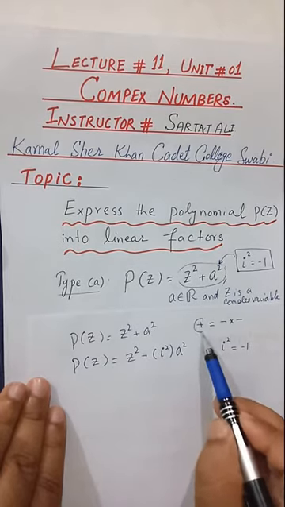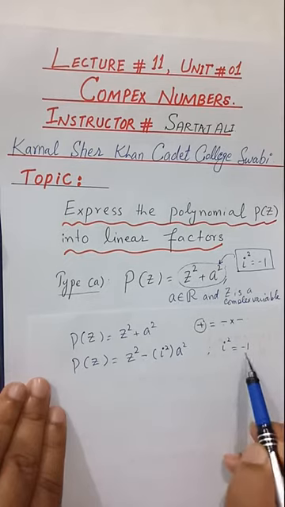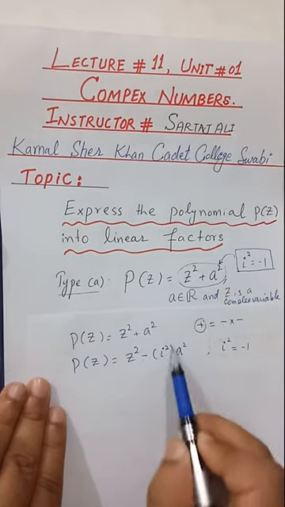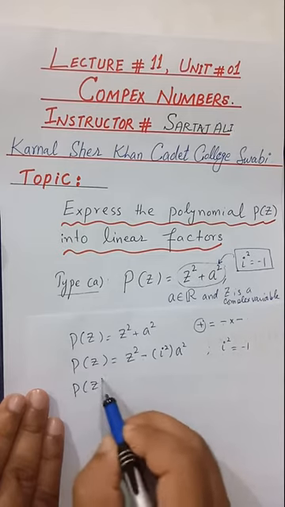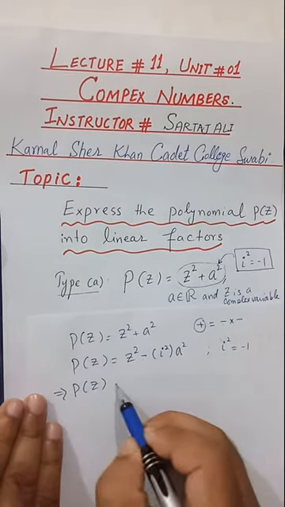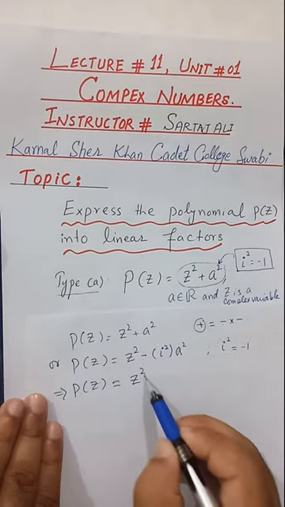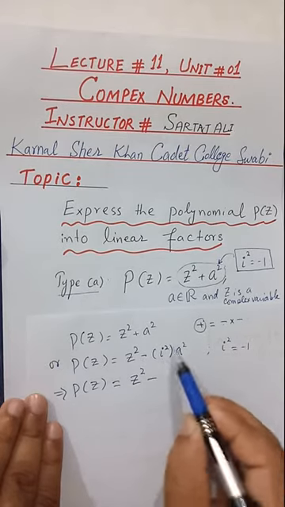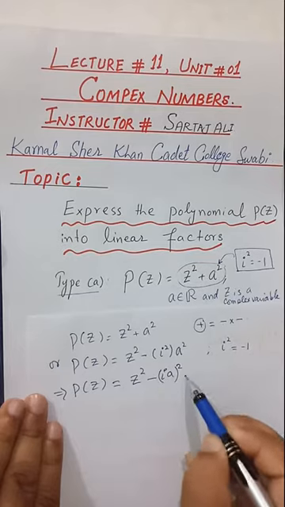Instead of this plus I am writing minus and -1 because iota square is equal to -1. Then p of z is equal to z square minus, and this can be written as iota a whole square.